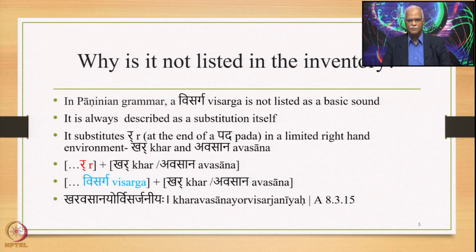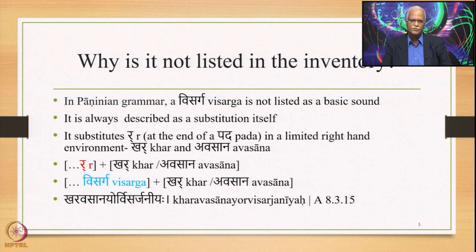And this happens only in a limited right hand side environment, namely Khar and Avasana. Khar refers to the class 1 and 2 consonants and also sh, sh and sa. Avasana is the absence of any sound.